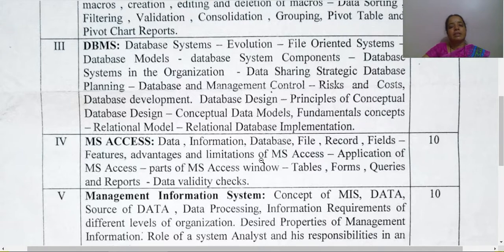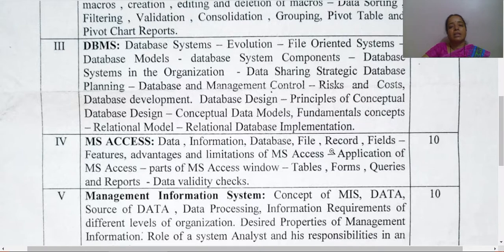Next we'll go for the fourth unit, that is MS Access. Here also we can work with the data only. In table format we can enter the data. So here we can create the database. What databases are, we can learn in the third unit, and here in the fourth unit we can learn the MS Access package, that is a ready-made package to access the database files.